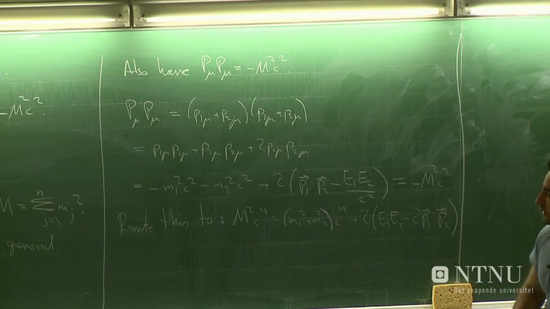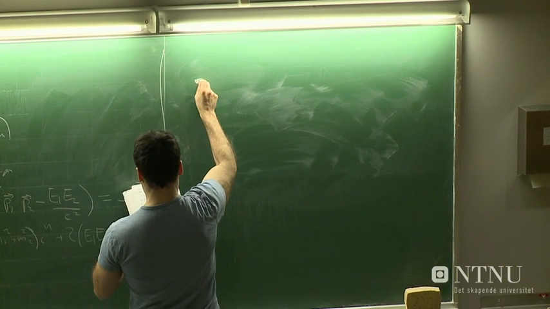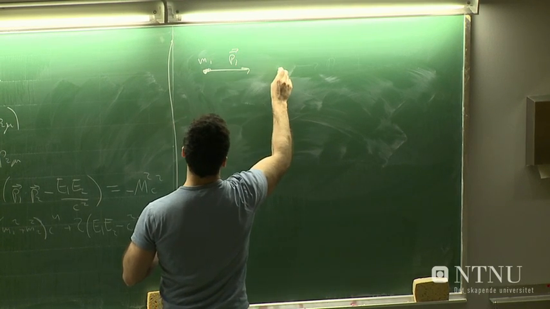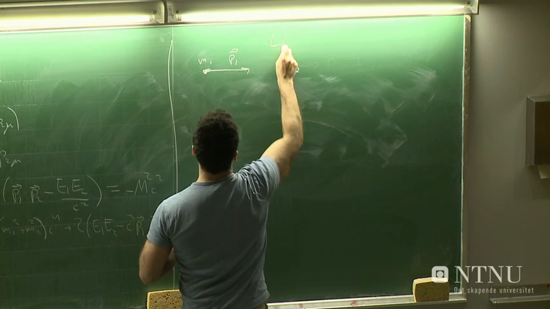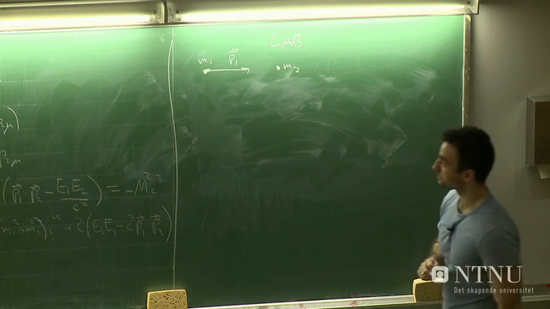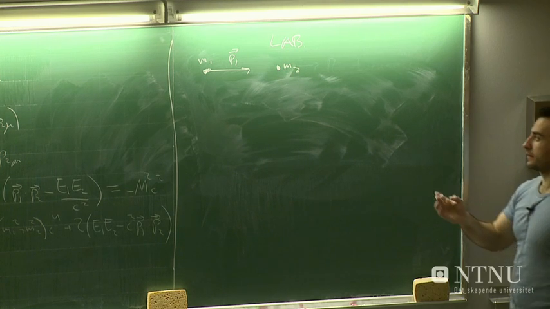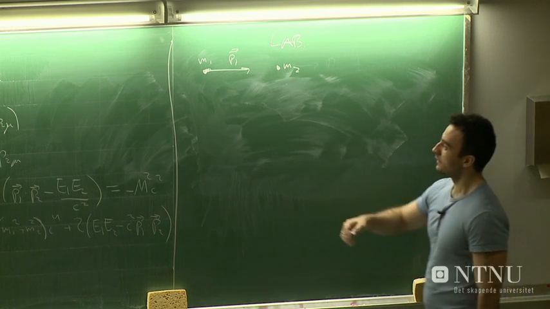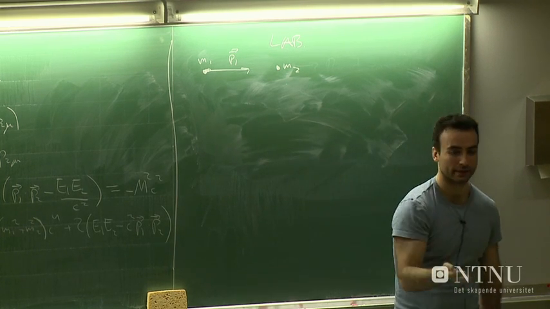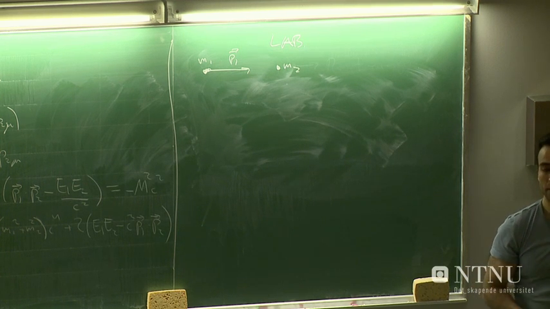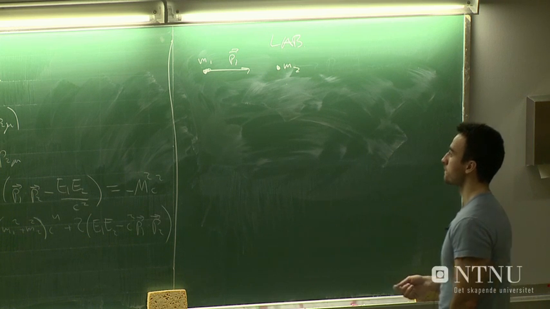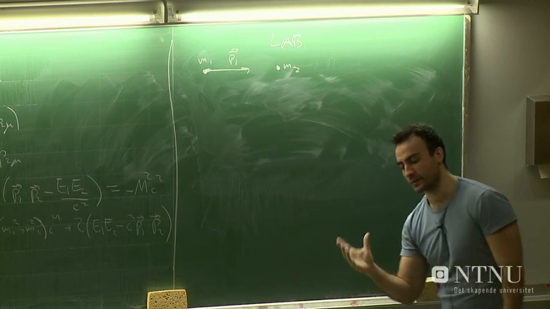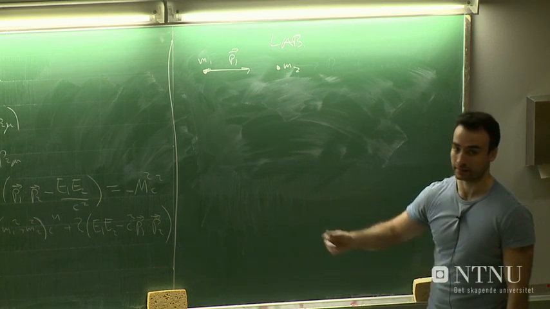So let's say I choose a reference system which I call the lab system, for the reason that we may have, for instance, one particle at rest to begin with, and the other particle is accelerated towards this particle so that they collide. So I'm just choosing a specific inertial system where the reaction looks like this.